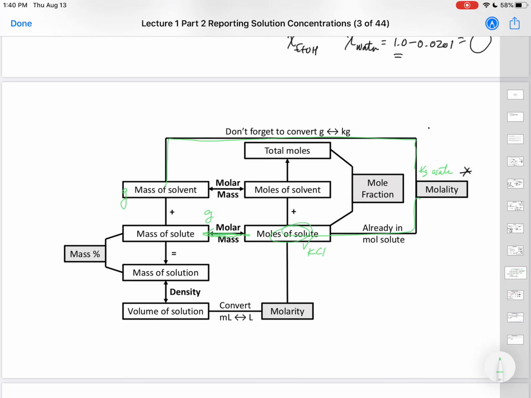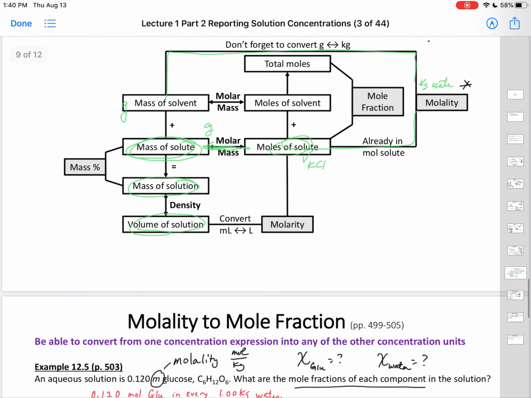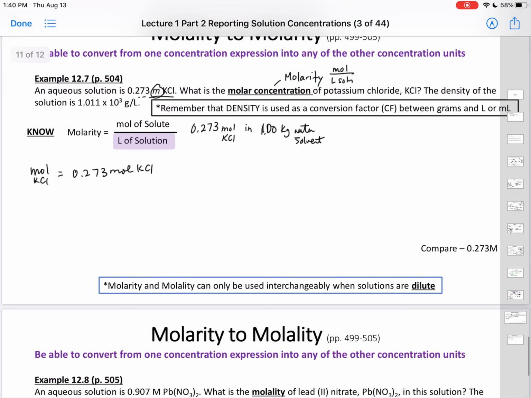Okay, so we're going to add the mass of the KCl and the mass of the water to get the total mass of the solution. Okay, and then once you have the total mass of the solution, you're going to use the density to convert to milliliters or liters, and then you can plug it into your molarity expression. Okay, so we're going to follow that all the way through.